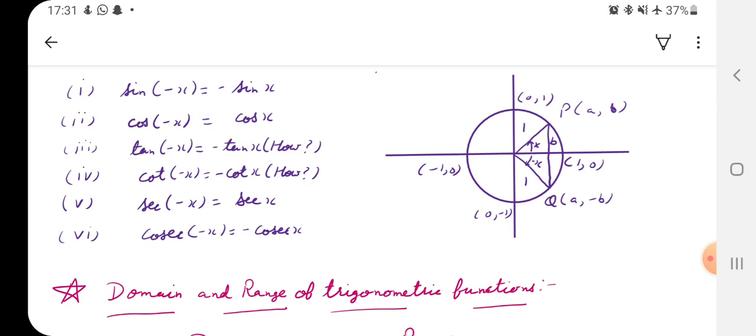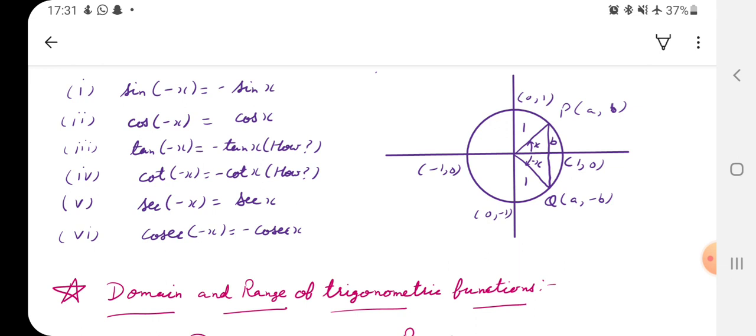Now the height is b. Sine of x will be equal to perpendicular upon hypotenuse, and the perpendicular is b.